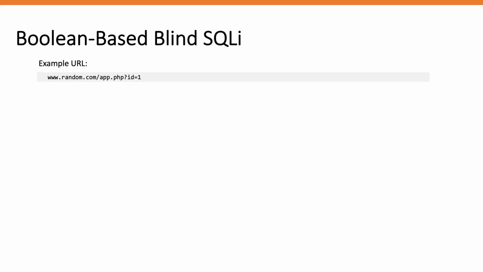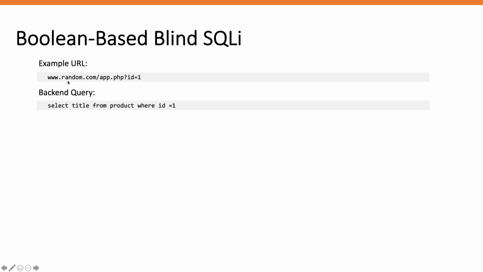So in this case, to test if the field is vulnerable to SQL injection, you can first inject it with a false payload. So force a payload that you know is false, and see how the application responds, and then force a payload that you know is true, and see how the application responds. And if the application responds differently to the false payload versus the true payload, then this is vulnerable to Boolean-based blind SQL injection. So let's take the backend query.